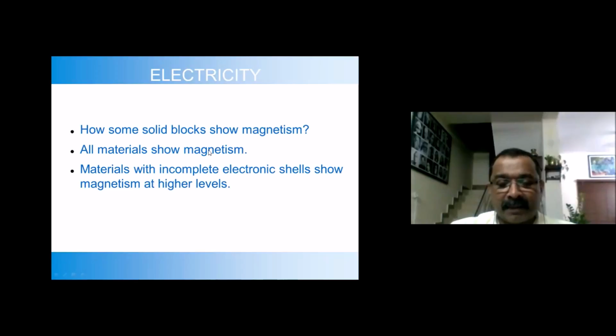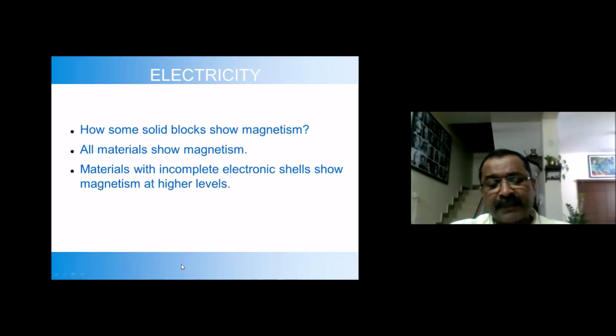Electrons are charged particles, and they are always spinning around this nucleus, meaning that electronic current is there in every object, in everything. So all materials show magnetism. Where there is current, there is magnetism. Charges are moving around the nucleus. Electrons rotate. So that is why.